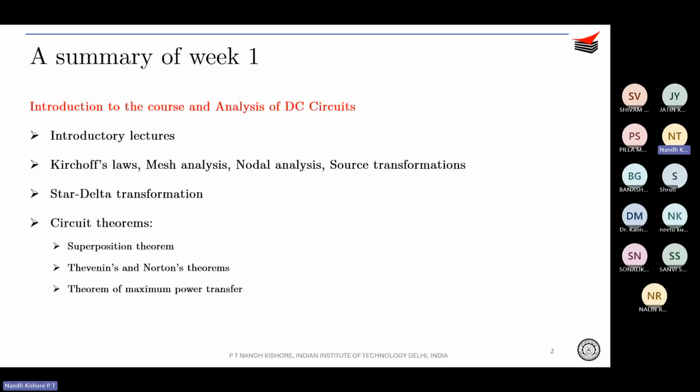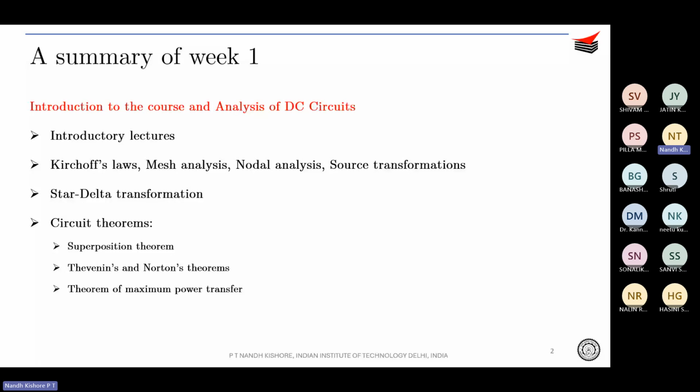Any course that you would take up in your second or third year, or even in your master's or PhD, you will see that every network or every electrical circuit can be solved using a set of theorems or rules that you would have learned in your basic electrical engineering. So it's important that you practice all these problems and internalize it.